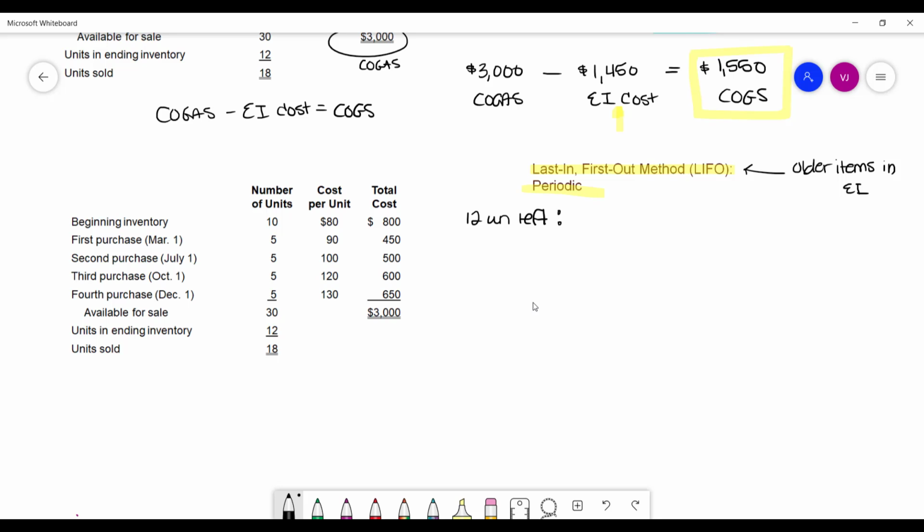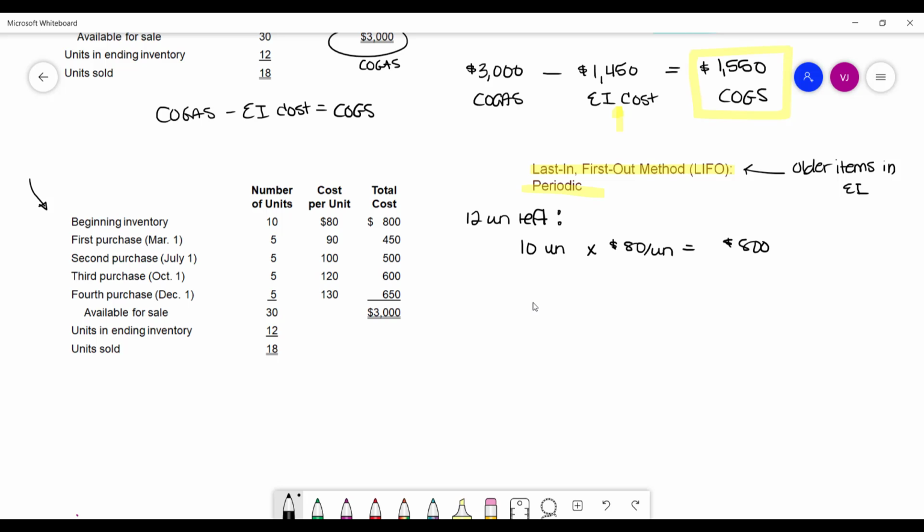The 12 units we have left under LIFO would be made up of the older items first. So we would have to start from the top layer and work our way down. That means we have the entire beginning inventory batch still intact. So 10 units, and each of those units cost us $80 each for a total of $800.